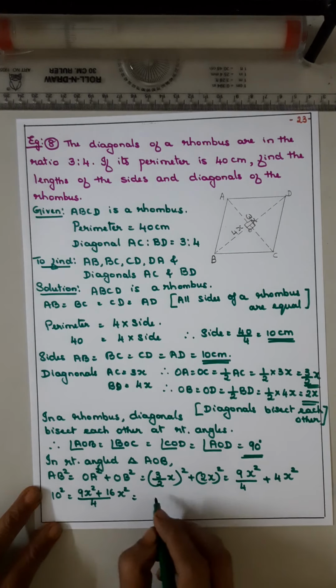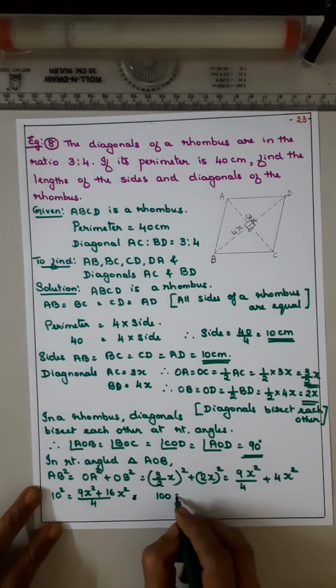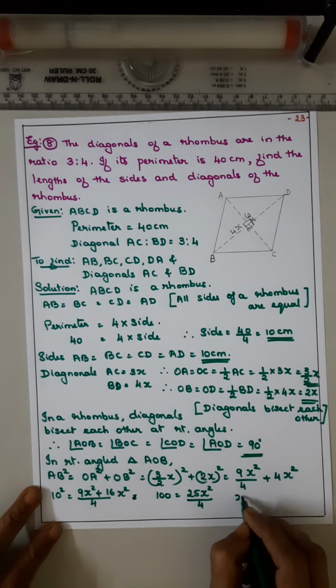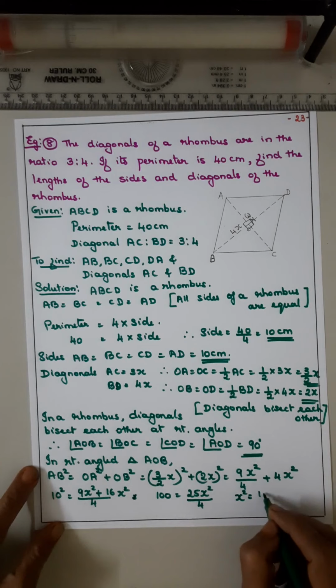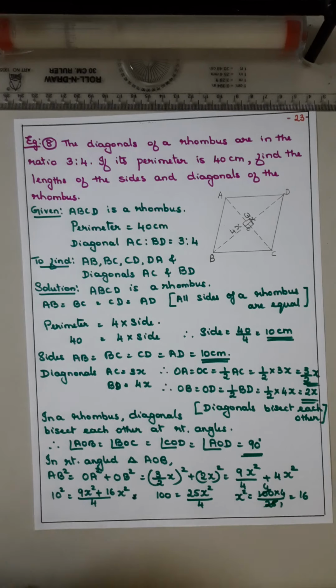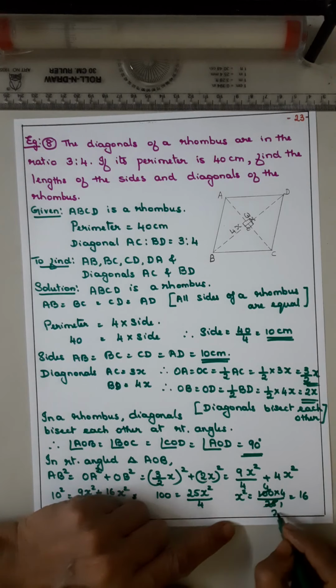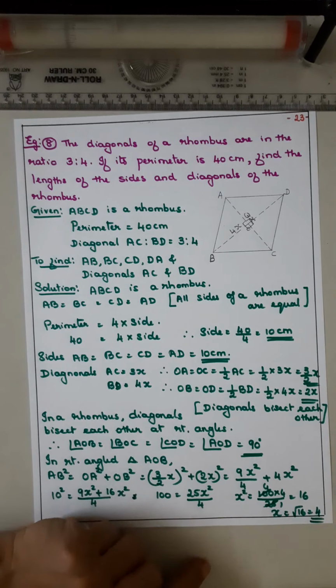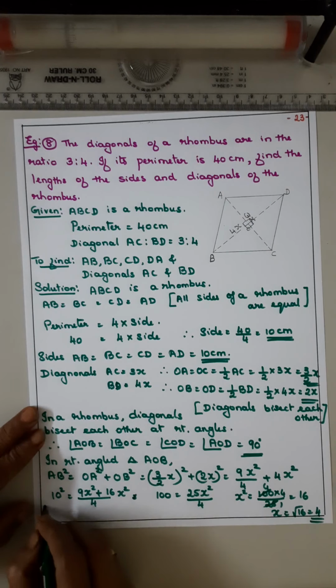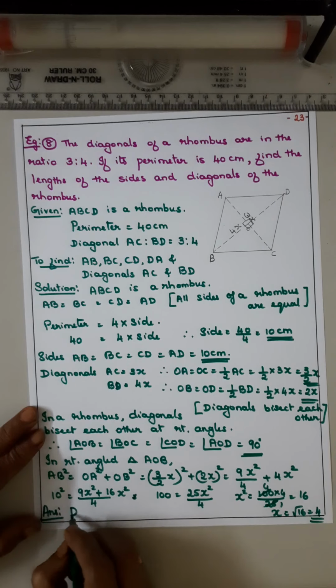Okay, that means you got 100 is equal to 25x squared upon 4. So x squared is equal to 100 into 4 upon 25, that is 16. x squared is equal to 16. So x will be equal to square root of 16, that is 4. So you got x. Now we find out the diagonals.